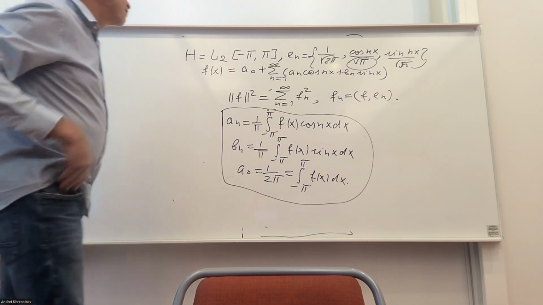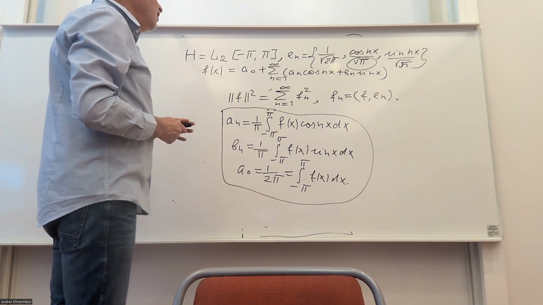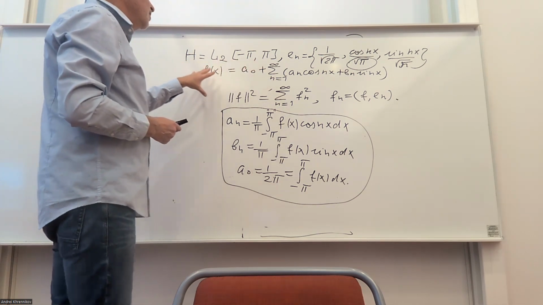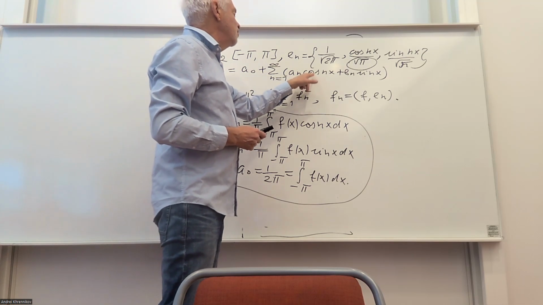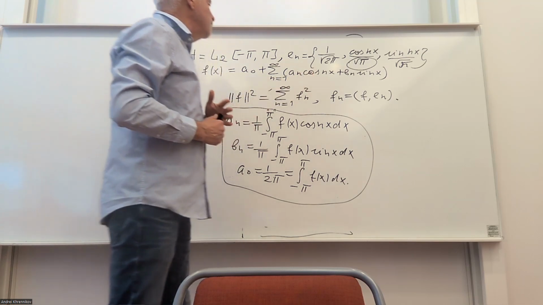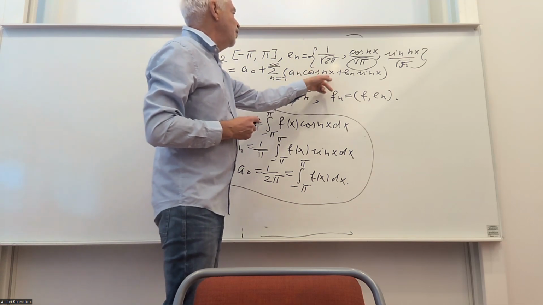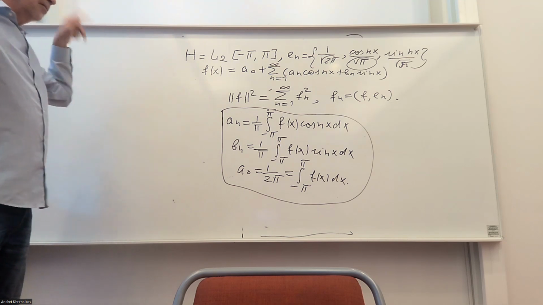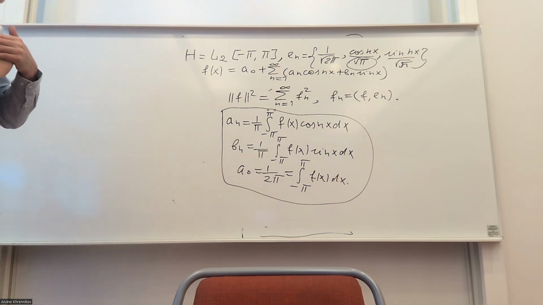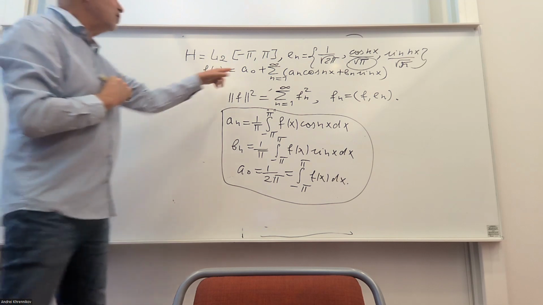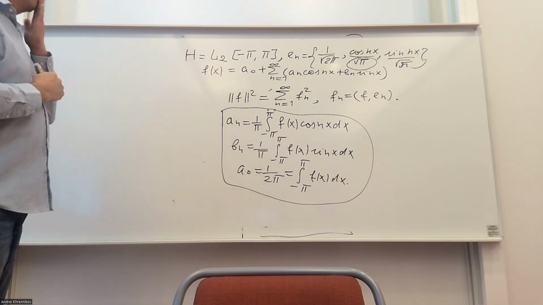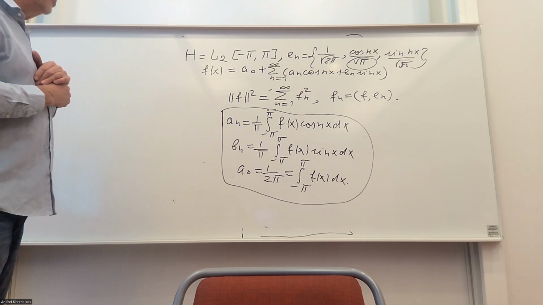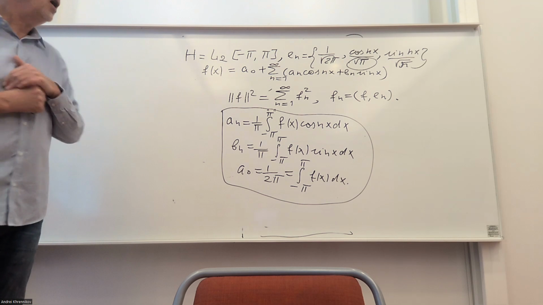If we try to write the Parseval equality for this, we should take into account that the square of the norm of cosine and sine is not 1 but pi, and for the constant it is 2 pi. Okay, so let us now solve some examples.